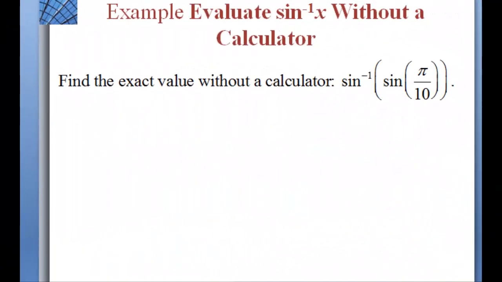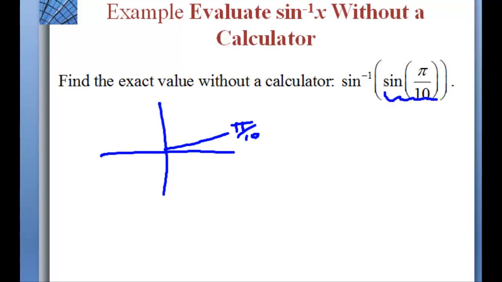Let's think about this. What is the arcsine of sine of pi over 10? If we have our unit circle and we draw our angle there at pi over 10, very small angle, what we're asking is, for sine pi over 10, what's the y value at this point? So if this triangle comes in, we'll have some value a for x and some value b for the y.